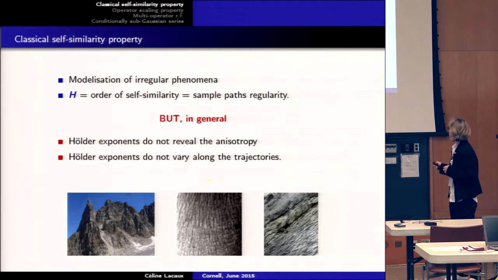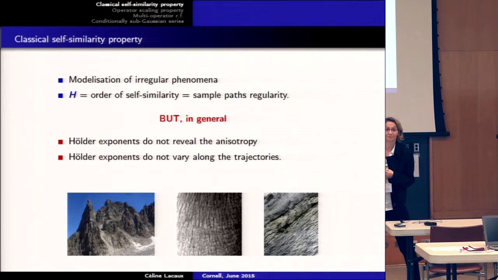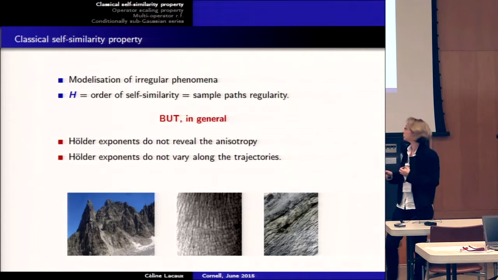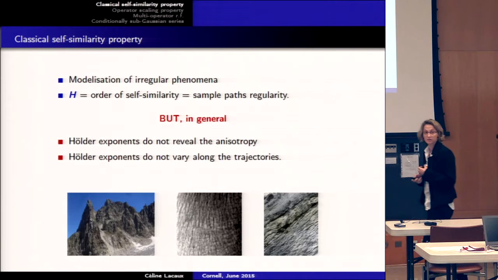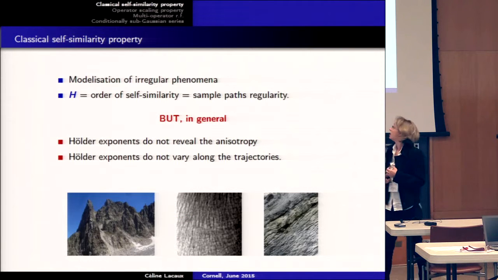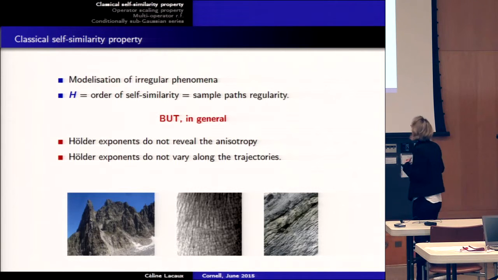Here you have two different directions where the sample path properties are not the same, and we need one scaling property in this direction and a different scaling property in the other direction. So fractional Brownian motion won't be useful for this kind of problem.